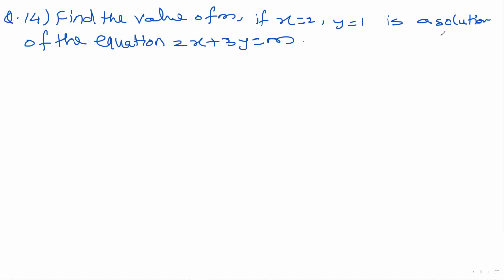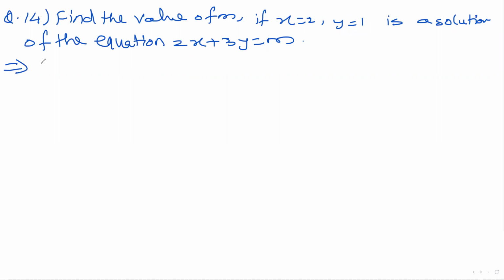What do you mean by x is equal to 2 and y is equal to 1 is the solution of the equation? If x is equal to 2 and y is equal to 1 is the solution of this equation, that means left hand side will be equal to right hand side. That means these values of x and y satisfy this equation. Do you understand the meaning of this?